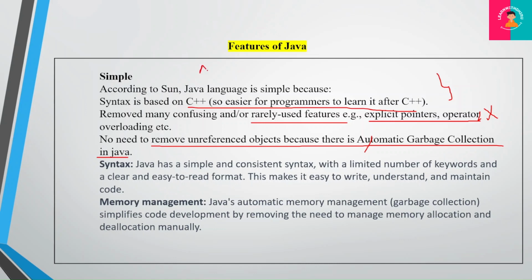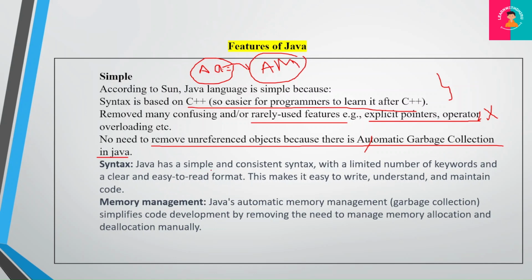Consider you have a class and created an object, and after two or three days you are not using this object, and it has some memory allocated. You have to deallocate or dereference it, which we do in C++. Java will directly remove the unreferenced object which is not getting used.